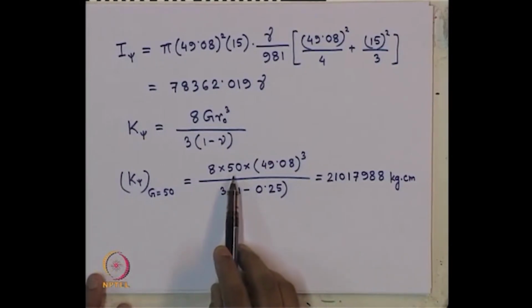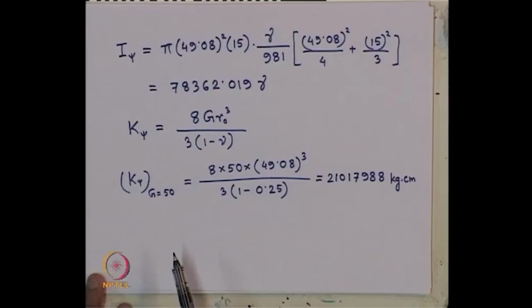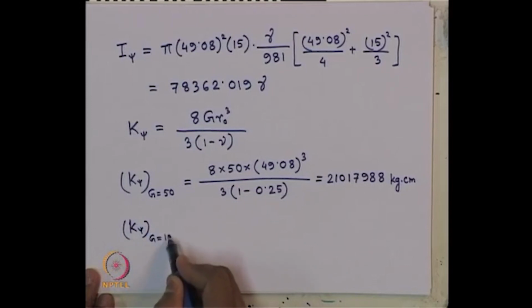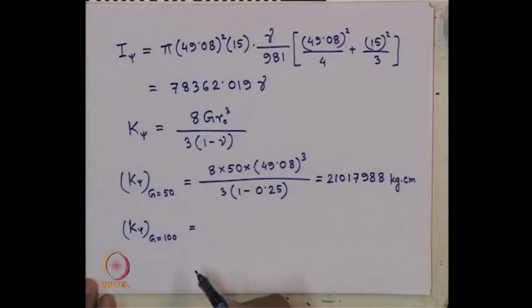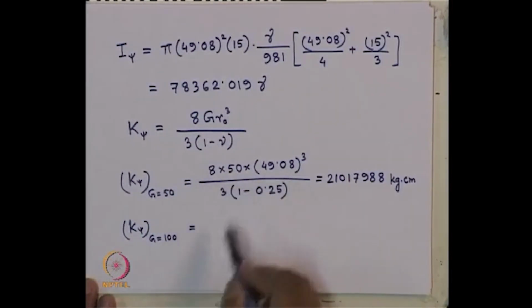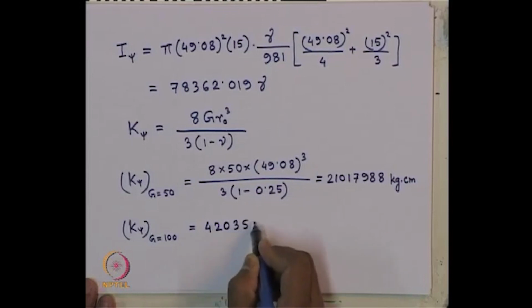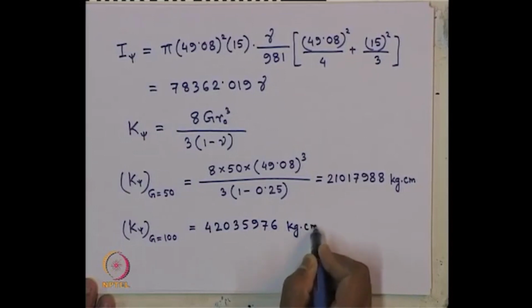You can cross check also. This G is in kg per centimeter square, here you have centimeter cube. So, you will get kg centimeter. And in a similar way we can get K psi for G equals to 100, which will be just double of this, because they are linearly related with G, other values remain the same. It will be 4203596 kg force centimeter.